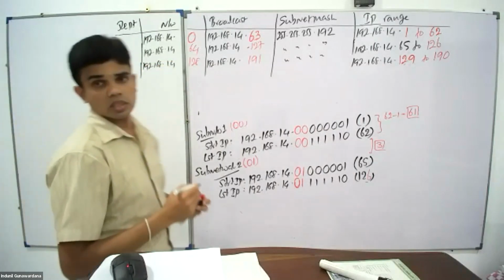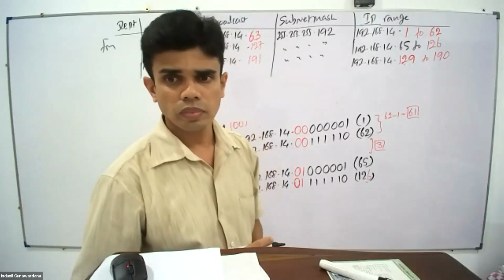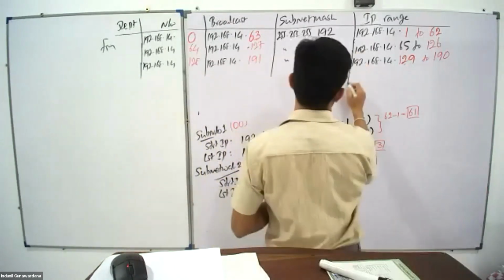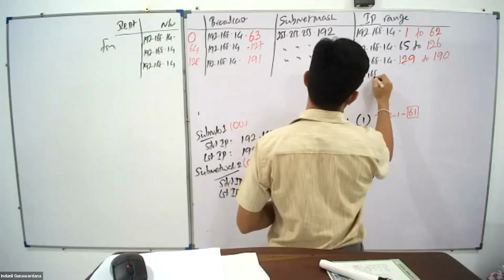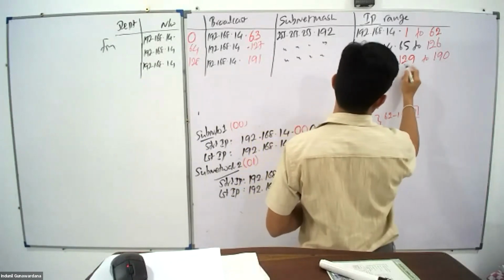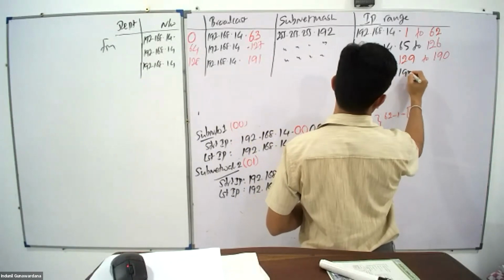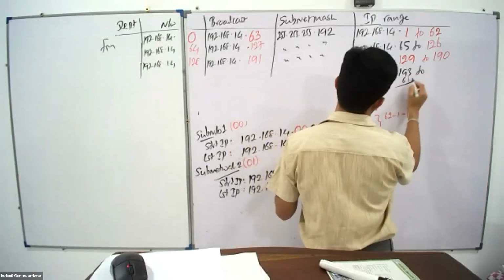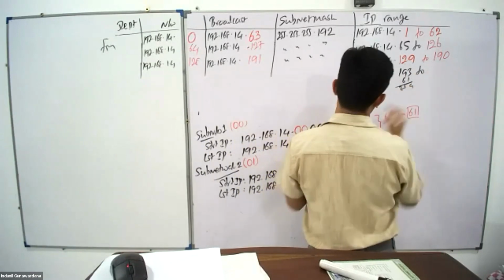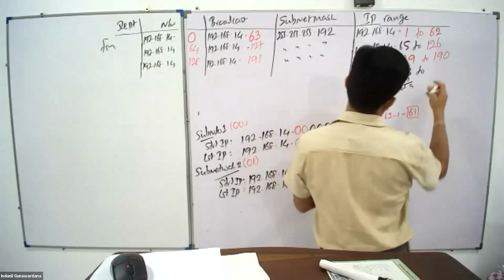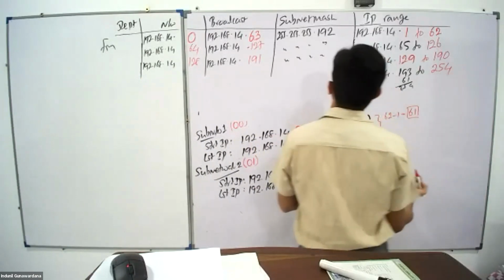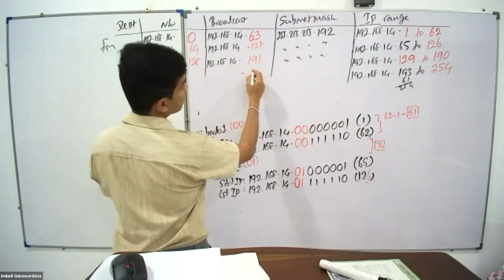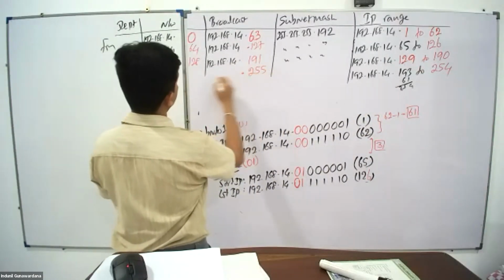192.168.14. Right. Then last is going to be 192.168.14. Adding 3 to this, 193. Then you have to add 61 to this, going to be 254. Right. Then the subnet mask remains the same. So the broadcast address is going to be one more than that, 255.